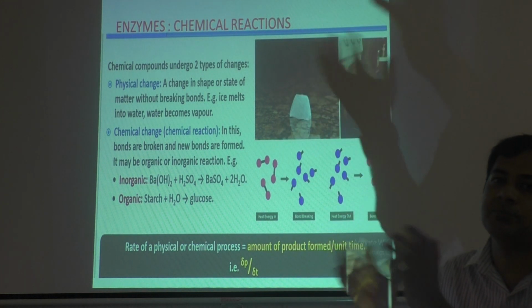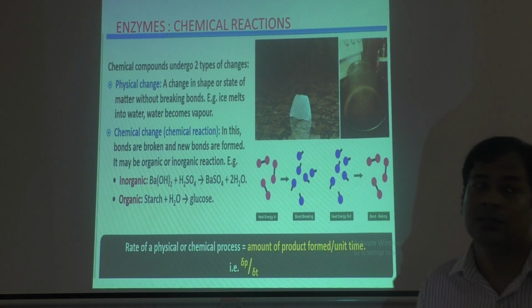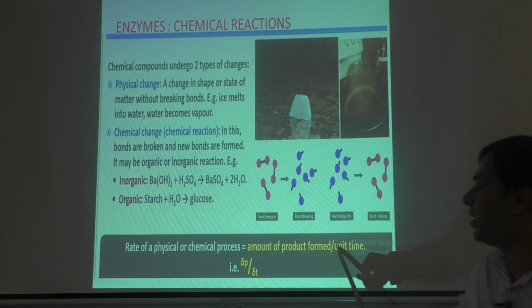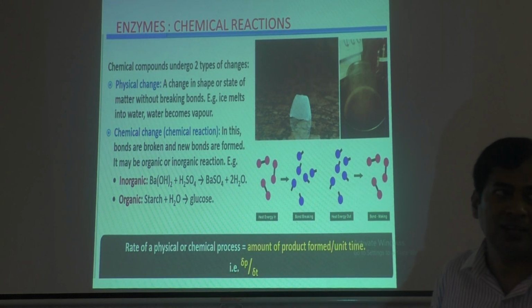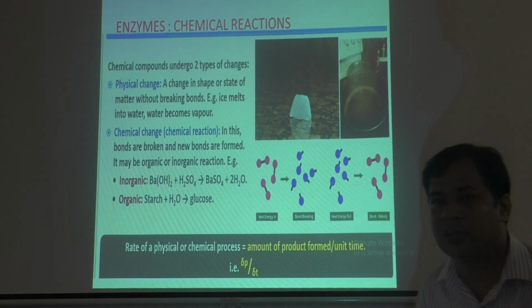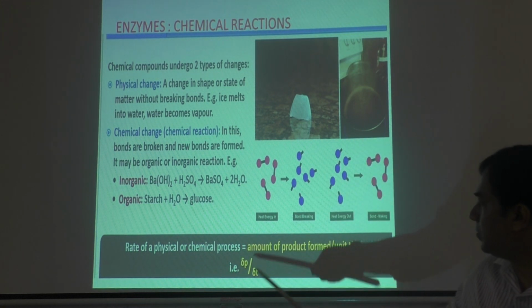How much product is produced in what time? Like suppose 1 kg is produced in 5 minutes, then it is 1 kg divided by 5 minutes. Like that. Rate of reaction is equal to the amount of product produced divided by time. How do we define product?